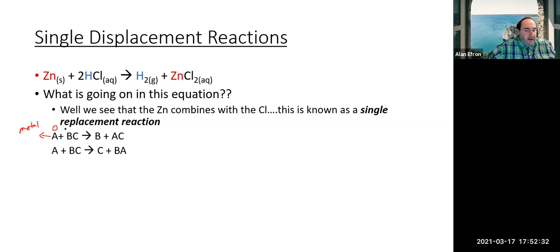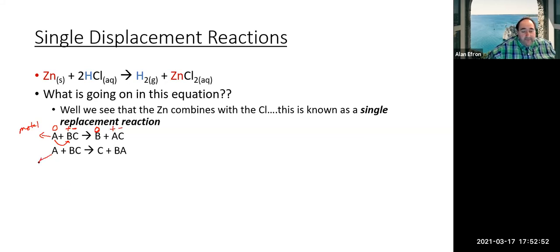This is an ionic compound that has a positive and negative. And what happens is this metal will come in and kick out the positive guy. When it kicks out the positive guy in that ionic compound, it actually comes out all by itself with no charge. And then it makes a new ionic compound on the other side.